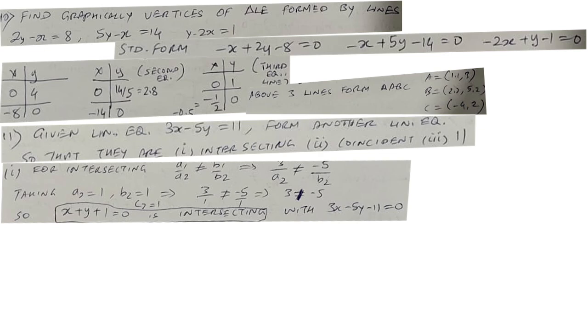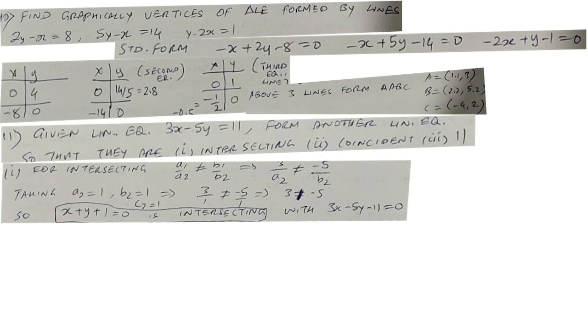Correct. So if you consider a line a2x plus b2y plus c2 equal to 0, that is the second line, 3 by a2 should not be equal to minus 5 by b2. To achieve this, you can take a2 to be 1, b2 to be 1 and c2 to be 1.